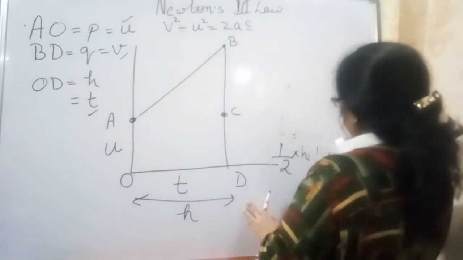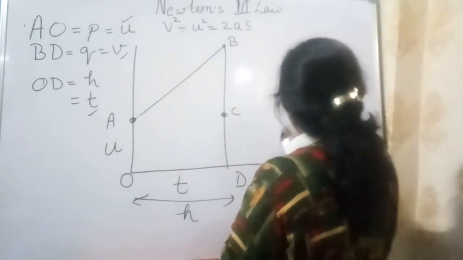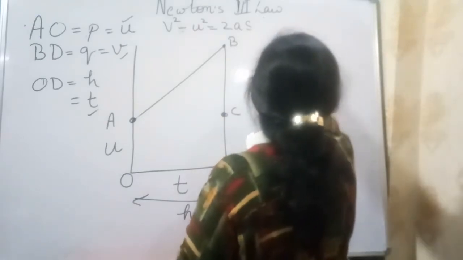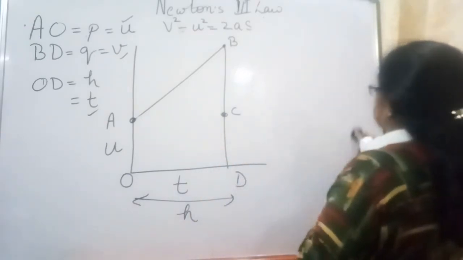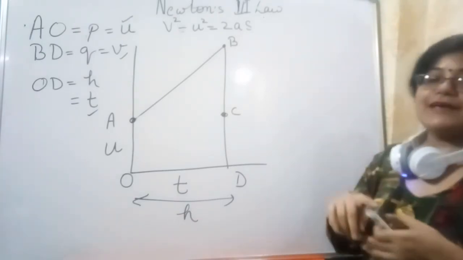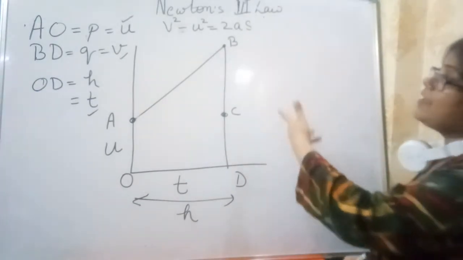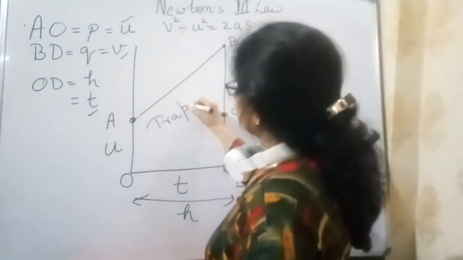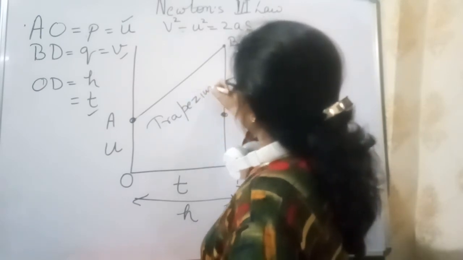That means in both the second and third equations, we just find the area of the graph. In the second equation we had to find the area of a rectangle and a triangle, then add them, and in the third equation we have to find the area of a trapezium. This is a trapezium.